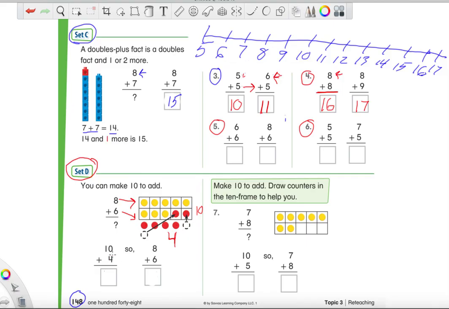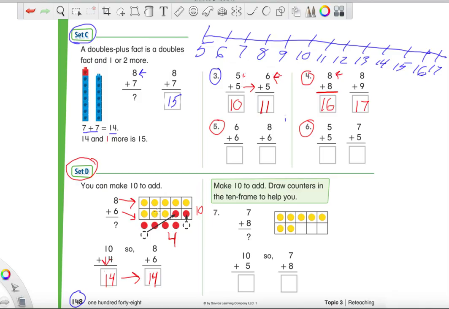And then we can add these together. 0 and 4 is 4. And the 1 just falls on down. And it makes 14. Because there's nothing underneath the 1, so you have nothing to add it with. It just falls on down. And so if 10 plus 4 is 14, then that means that 8 plus 6 has to be 14. Alright, so whatever answer we got for the 10 plus fact has to be the same answer for our original number sentence, because we're just using the same number of dots.